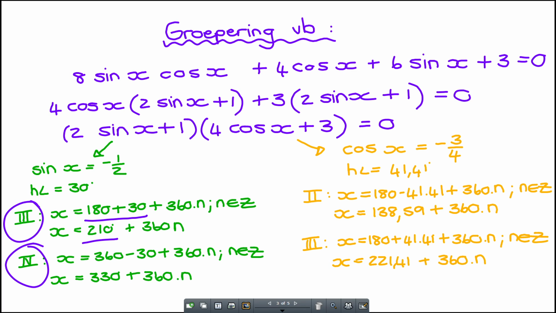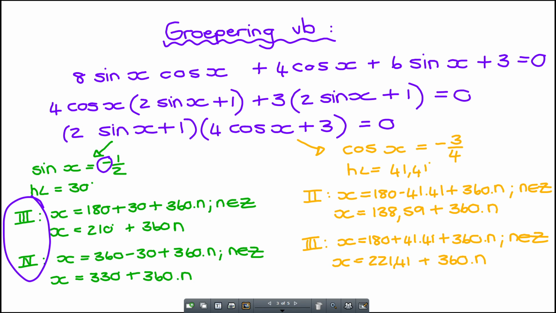Then in the fourth quadrant, we talk about 360 minus the help angle of 30. Remember that the negative only tells me which quadrants I use. So when you get the help angle, you only say shift sin 1 over 2. Don't use the sign there.